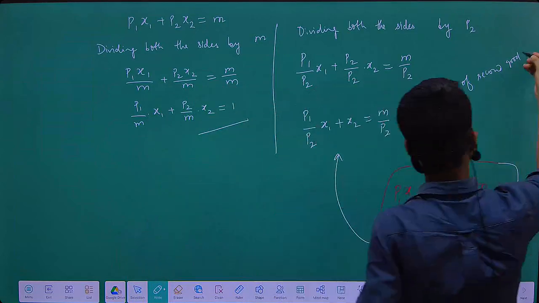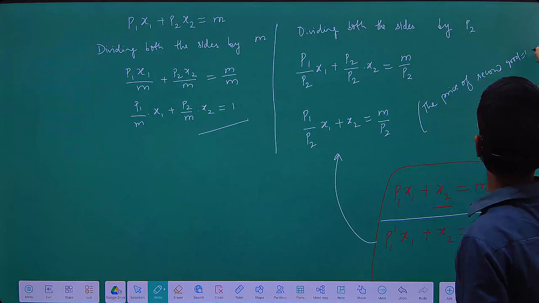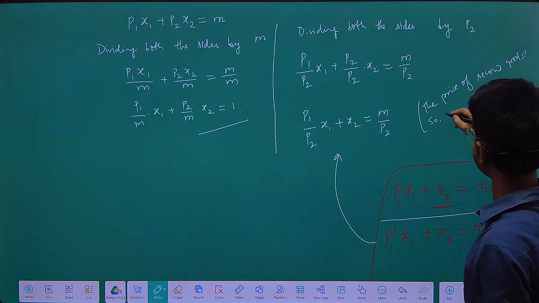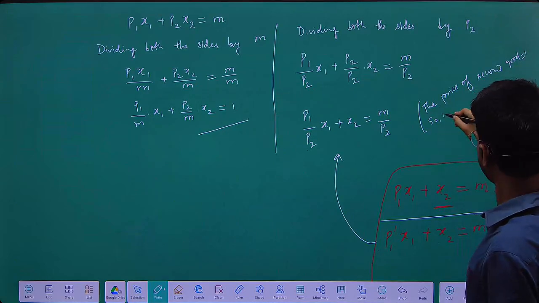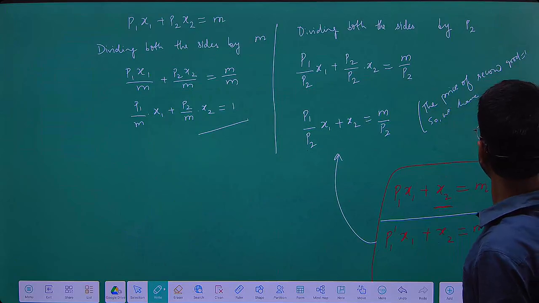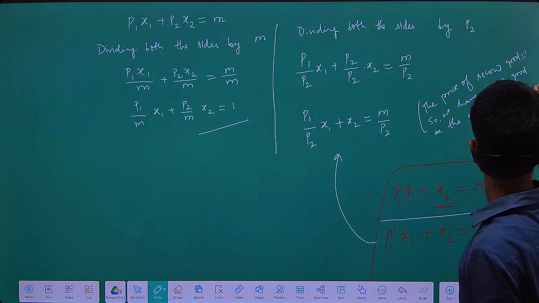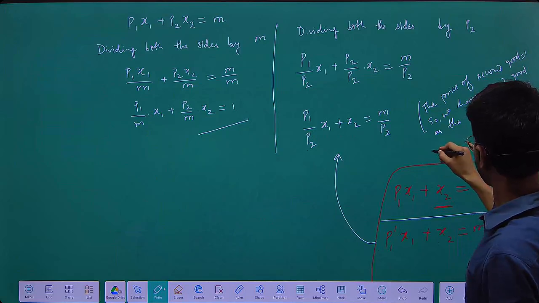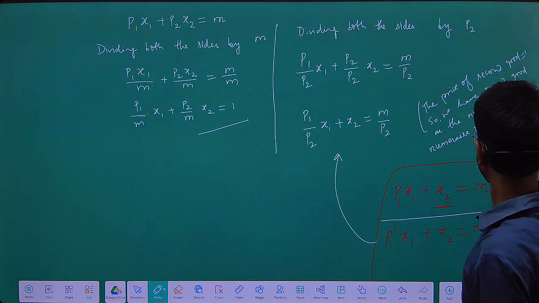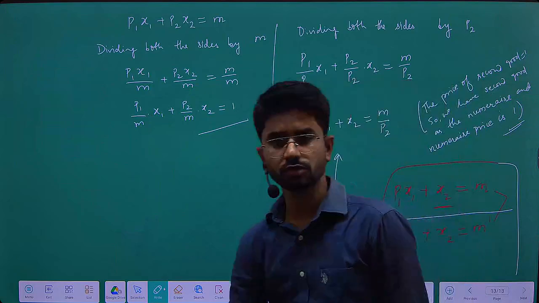So we have the second good as the numerator, and the numerator price is 1. So always remember, you will have the price of the numerator being equal to 1.